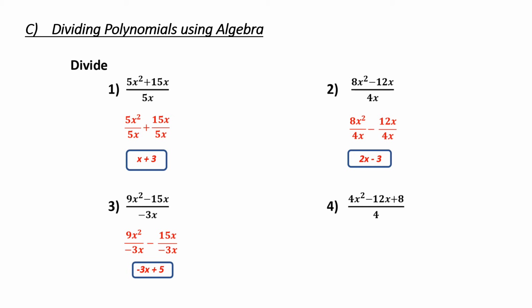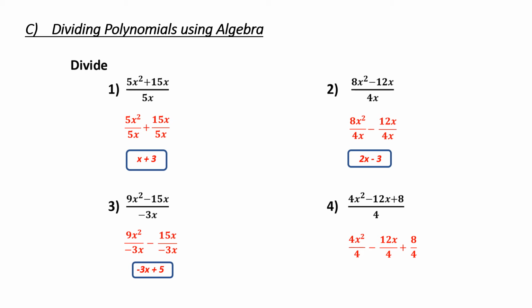When you look at number 4, you may realize that this is a trinomial. However, you can still follow the exact same procedure no matter how many values or terms you have in the numerator. We take each term and we divide it up. 4x squared divided by 4, negative 12x divided by 4, plus 8 divided by 4.